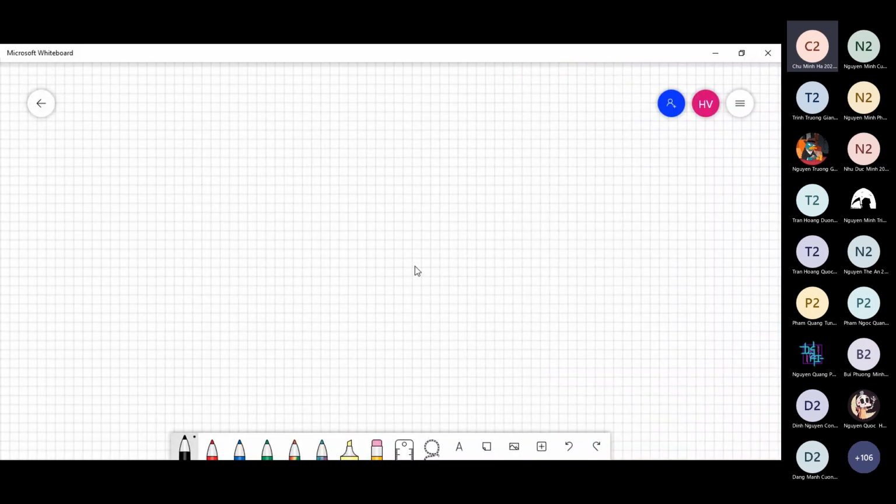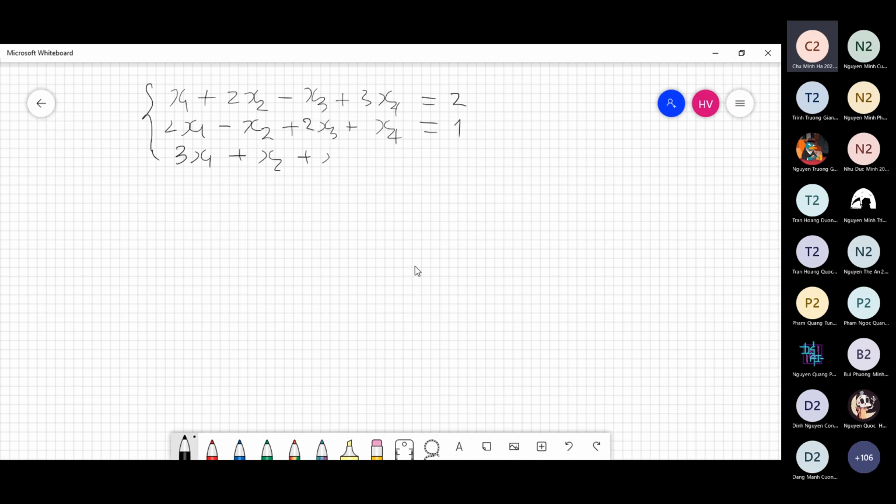I should choose a good system so that it has x1 plus 2 x2 minus x3 plus 3 x4 equal 2, for example. 2x1 minus x2 plus 2x3 plus x4 equal 1. 3x1 plus x2 plus x3 plus 4x4 equal 3. Okay, now we know how to do this.